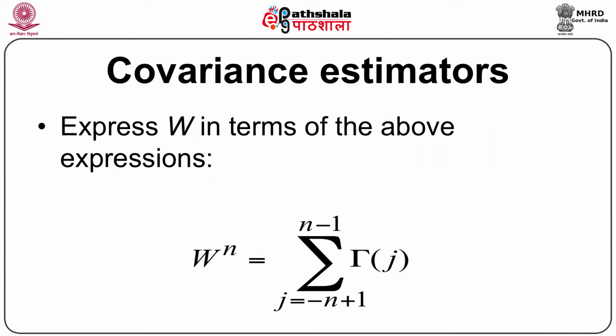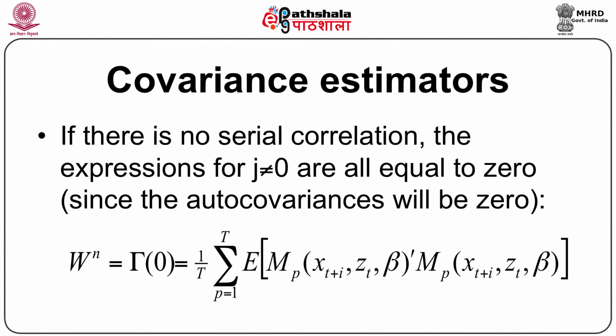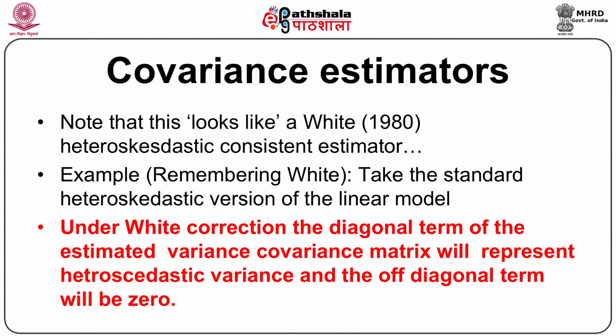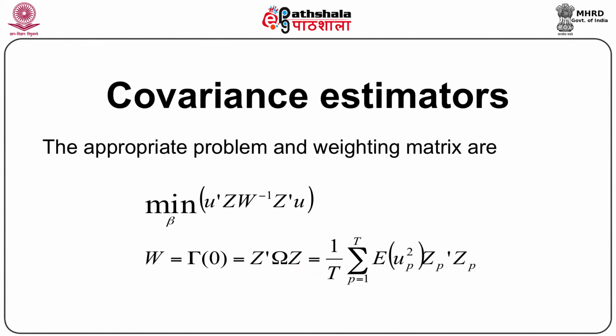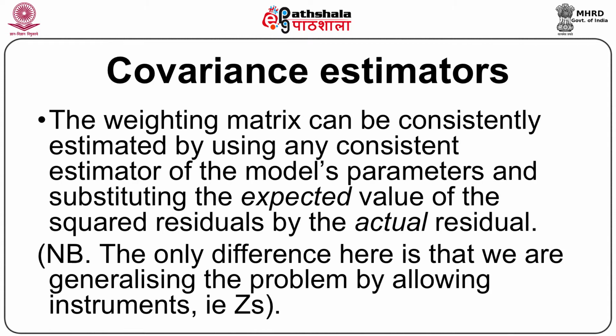Now, for the appropriate problem, the weighing matrix comes from minimization of u prime z, w inverse z prime u, and by minimizing this expression, you are able to generate the value of the weighing matrix, that is W. Now, the weighing matrix can be consistently estimated by using any consistent estimator of the model parameter and substituting the expected value of the squared residual by the actual residual.